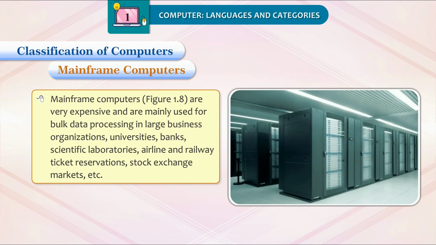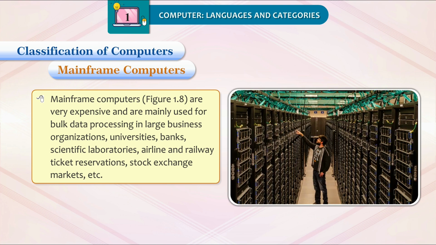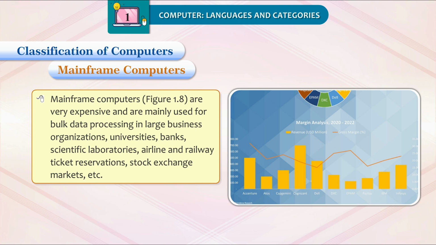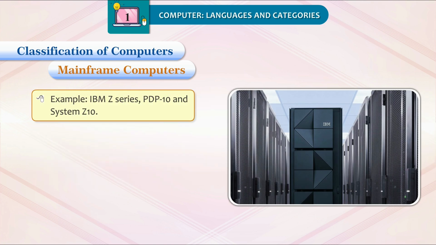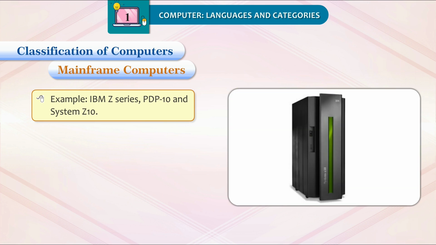Mainframe computers, referred to figure 1.8, are very expensive and are mainly used for bulk data processing in large business organizations, universities, banks, scientific laboratories, airline and railway ticket reservations, stock exchange markets, etc. Example, IBM Z series, PDP-10 and System Z10.